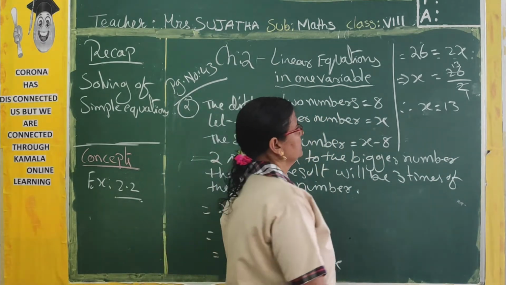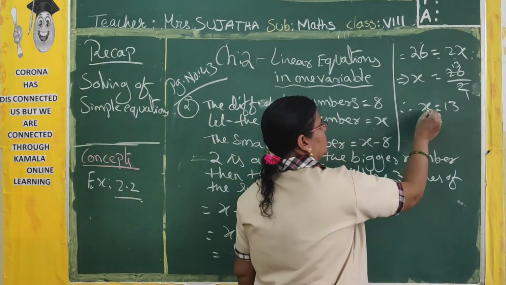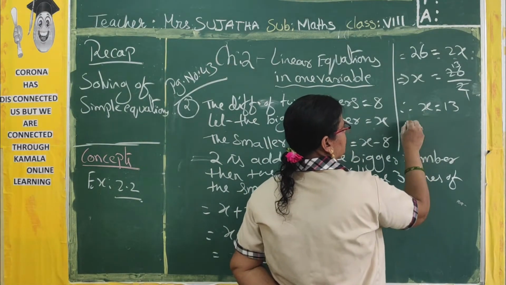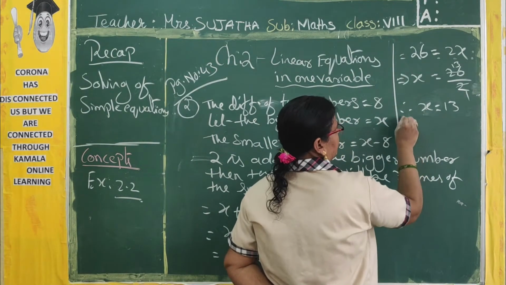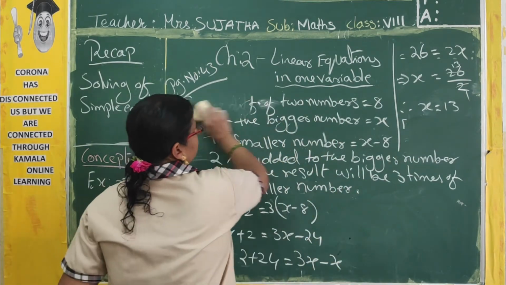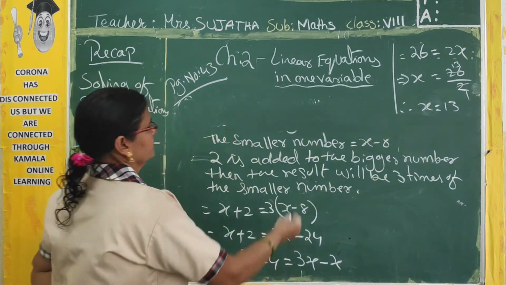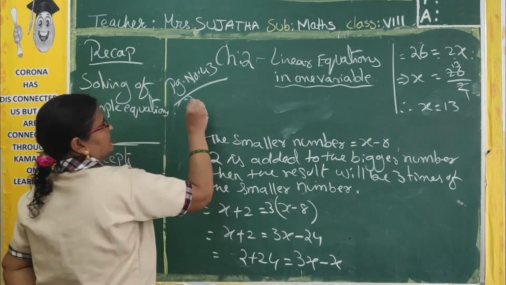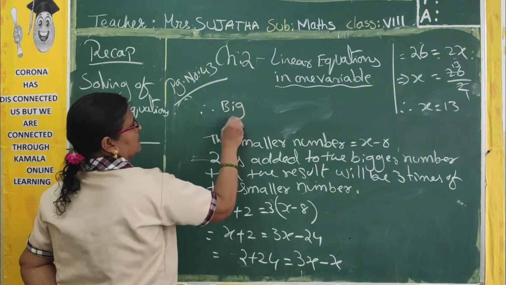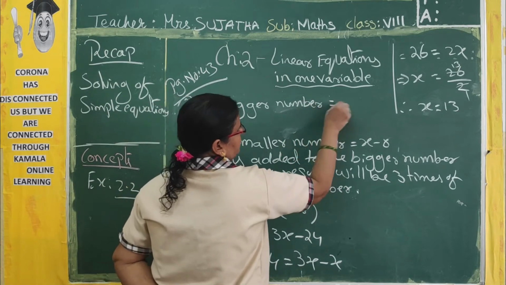Now, what is that number? The question is asking to find the two numbers. So what are the numbers? The bigger number is equal to 8.